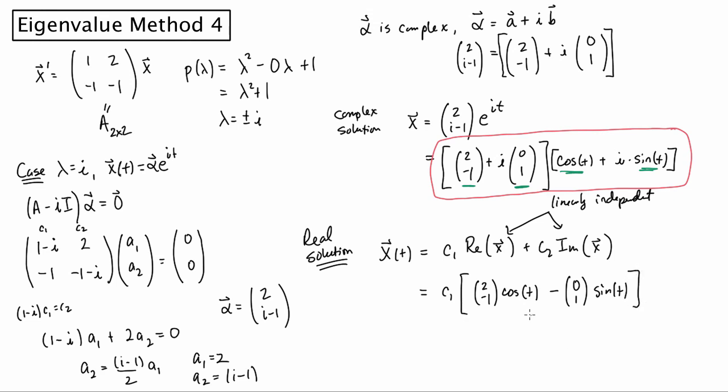So that is the real part of our vector x solution. Plus c2, the imaginary part. So the imaginary parts are the things multiplied by i's. You're going to get from here (0, 1) times cosine t. And then also multiplied by i, sine t times (2, -1).